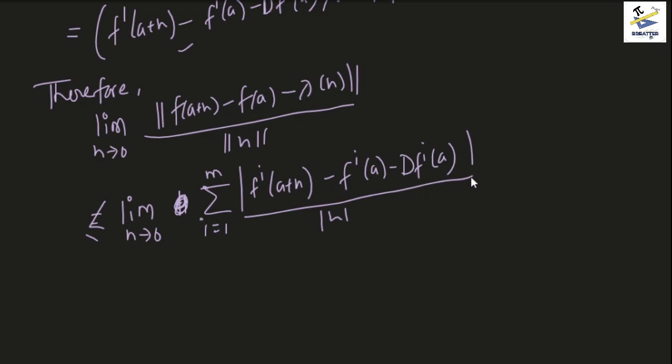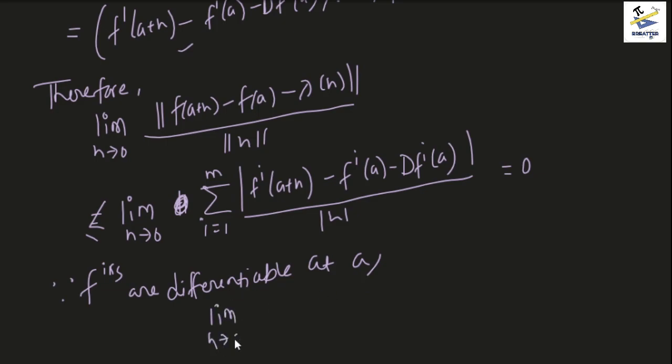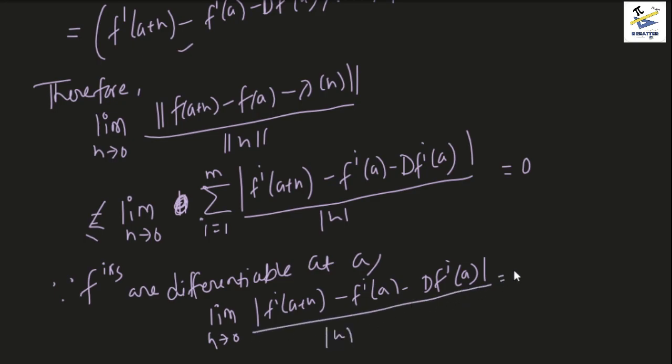And we do understand that all of these limits go to 0. This is because the f_i's are differentiable at a, so because this is true, we know that the limit as h tends to 0 of (f_i(a + h) - f_i(a) - df_i(a)(h)), which is basically the derivative of f_i, divided by mod of h, equals 0 for all i belonging to 1 to m.